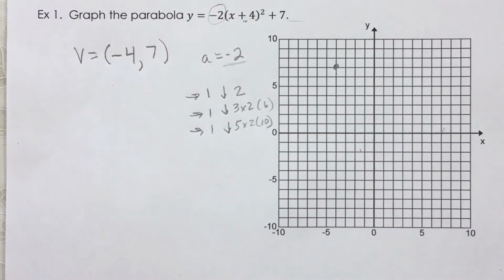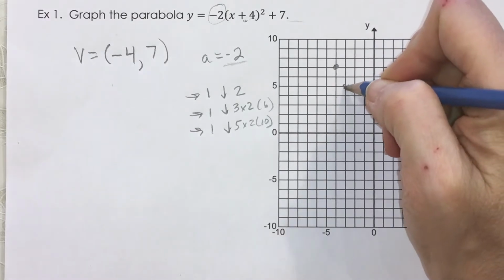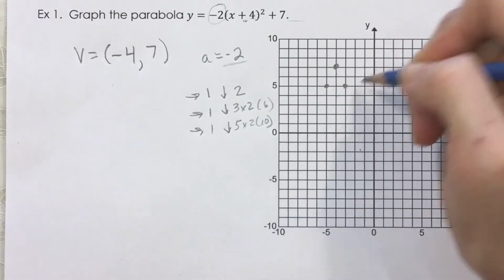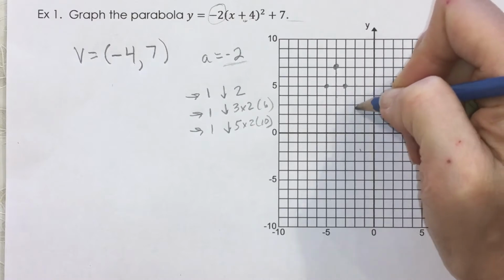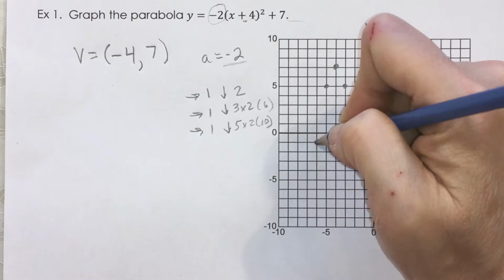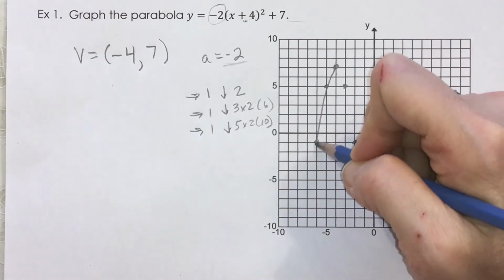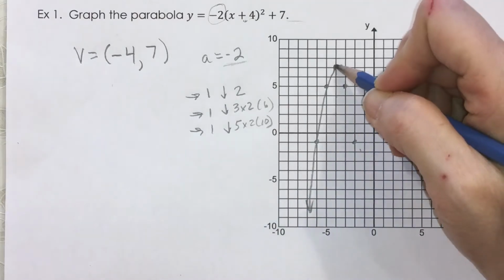Okay? All right, so from here we're going to go over 1, down 2, both sides, over 1, down 6, and over 1, down 10, which doesn't quite fit on, but we've got a good sketch going here.